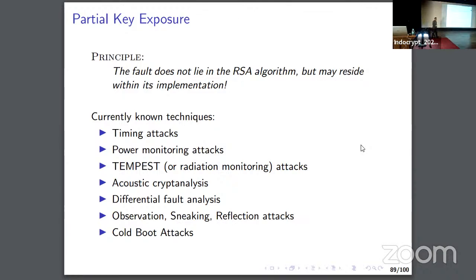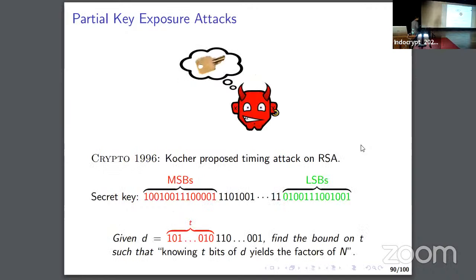Practical attack, I don't know, I am not from a hardware background, but there are some ideas by which you can find some bits of decryption exponents or primes. In partial key exposure, this is your secret key, and we call this portion the most significant bits and this portion the least significant bits. Here we are assuming that we know this portion or this portion, and the target is to find the remaining portion.